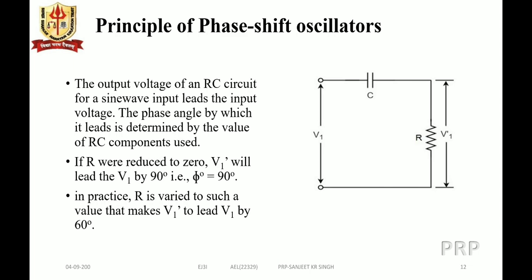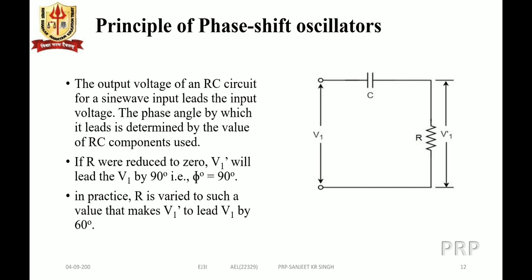Next topic is the principle of phase shift oscillators. We know the output voltage of an RC circuit for a sine wave input leads the input voltage. The phase angle by which it leads is determined by the value of the RC components used. If R is reduced to 0, or short circuited with the help of a potentiometer, then the voltage V1 dash will lead V1 by 90 degrees.